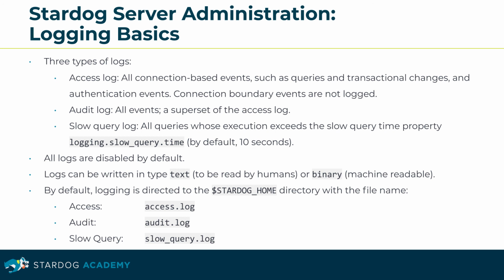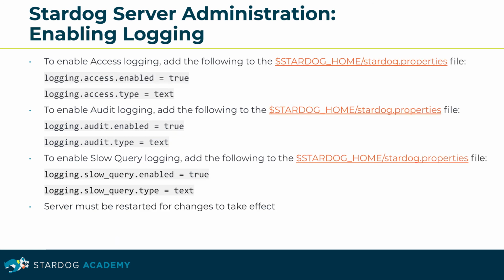Logs can be written in type text, which is to be read by humans, or type binary, which is machine readable. By default, logging is directed to the Stardog home directory with the file name access.log for the access log, audit.log for the audit log, and slow_query.log for the slow query log. To enable logging, add the appropriate logging properties to the Stardog home stardog.properties file.